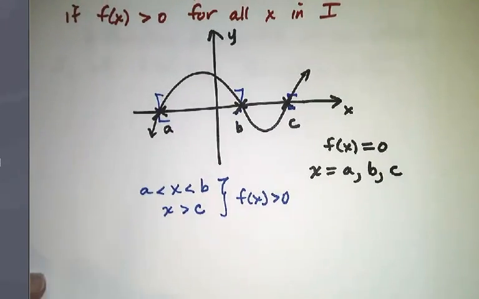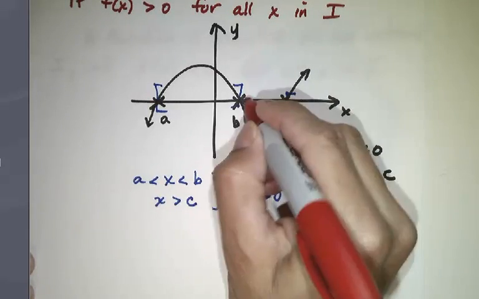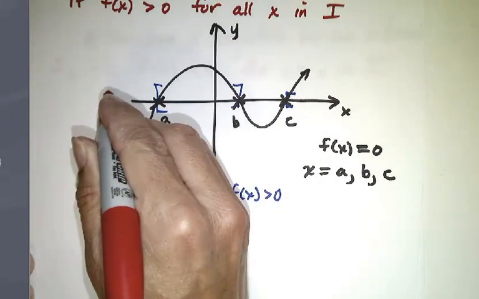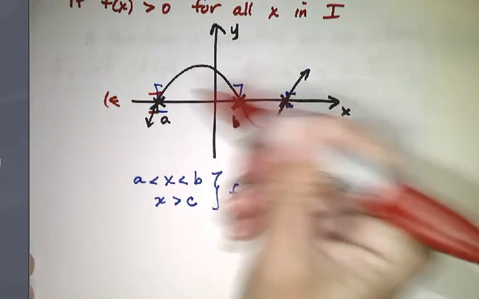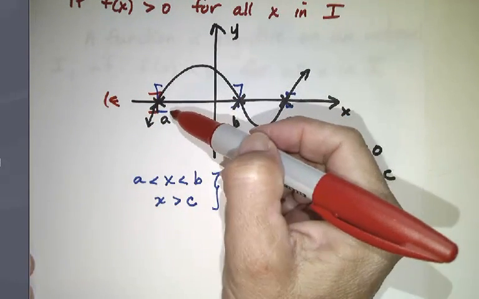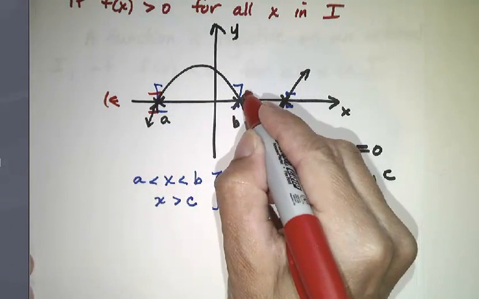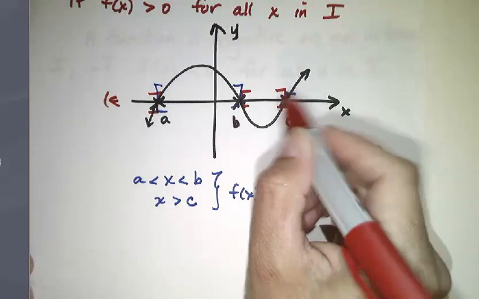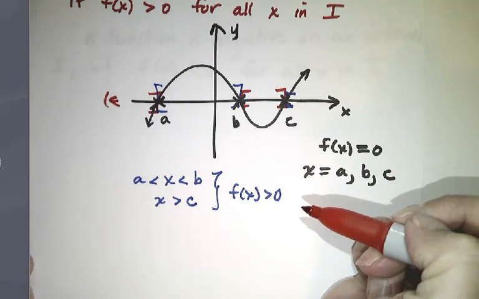So let's go back to that other graph that we had. Okay, we see that from all of these values, and forever on that to the left, my function is going below the x-axis. Between b and c, my function is also below the x-axis.